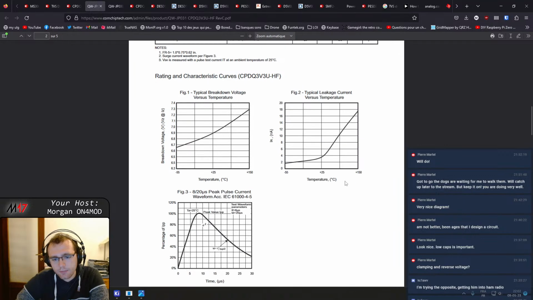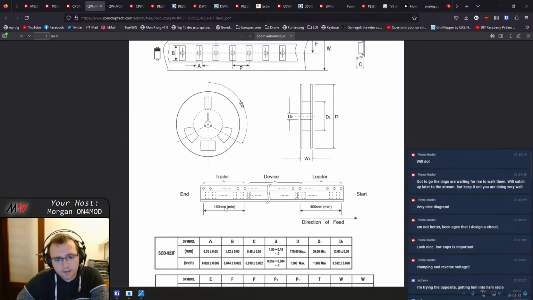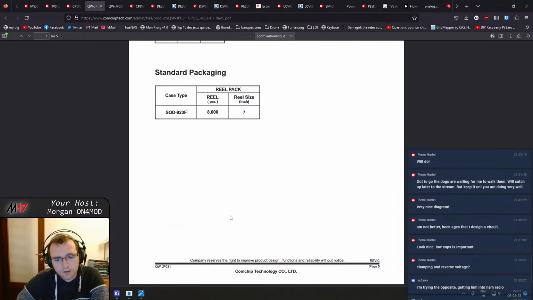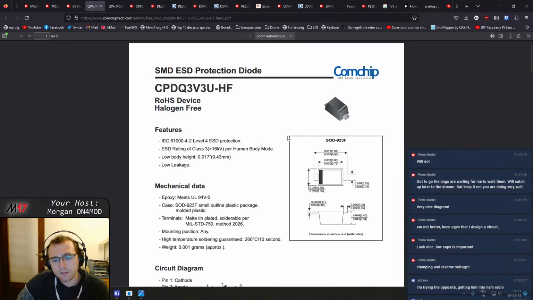Clamping voltage is 10.4 volts. Well, we'll see. If somebody kills its prototype by touching the SMA port, that means that this was not enough.